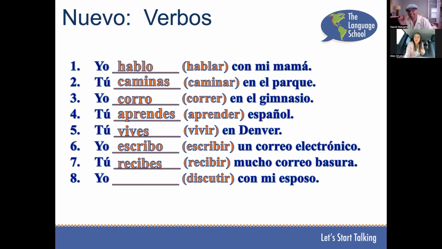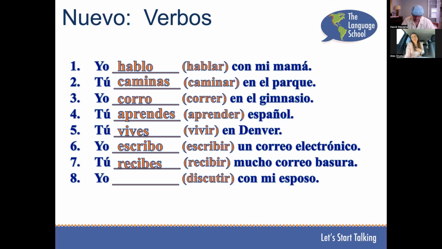Correo. You're adding an extra R that doesn't go there. Correo. Basura. Tú recibes mucho correo basura. There you go. Yo discuto con mi esposo. Yeah.